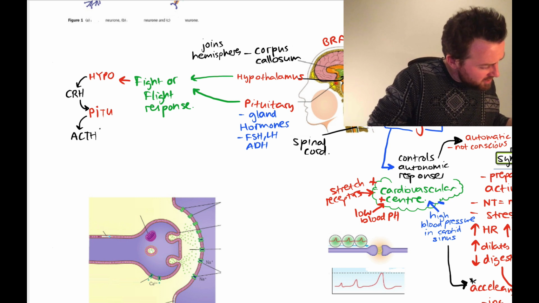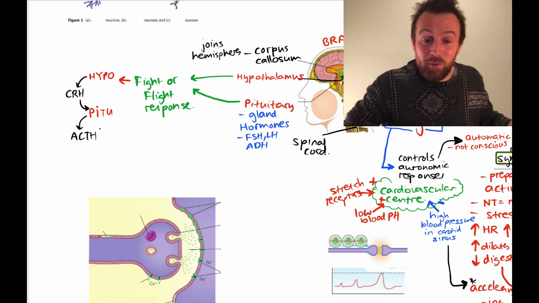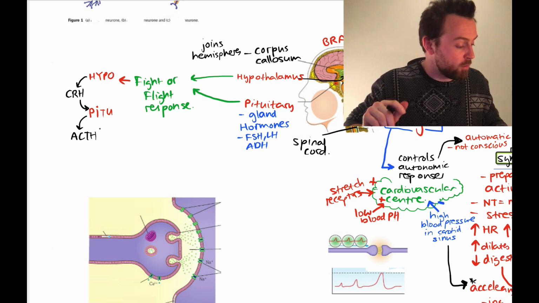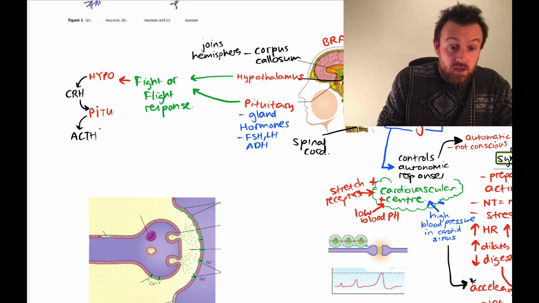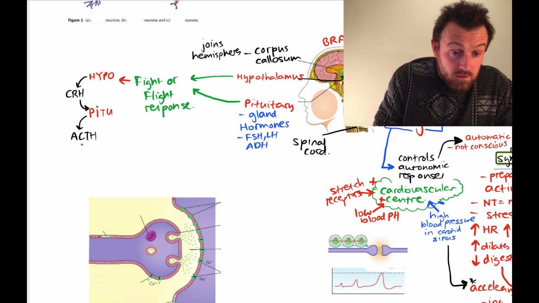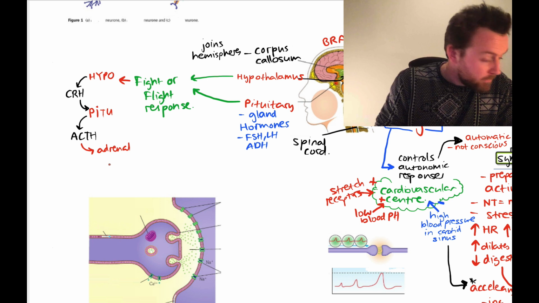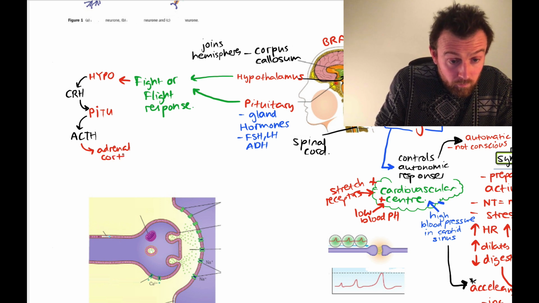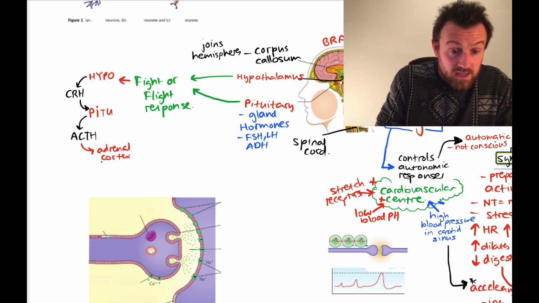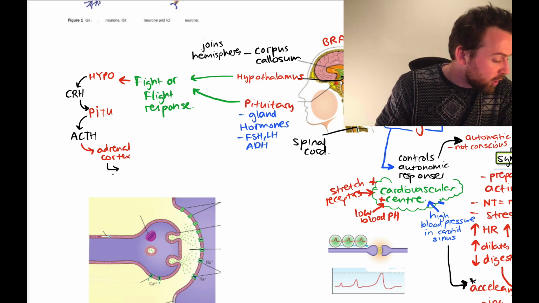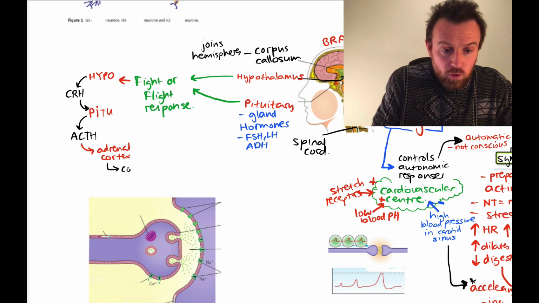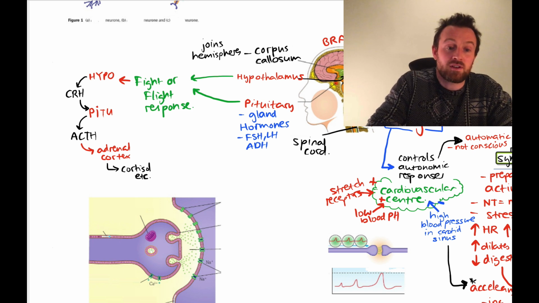Adrenocorticotropic hormone, which then actually goes through the blood and then goes to the adrenal cortex. And it causes them to release things like glucocorticoids, cortisol, corticosteroid hormones, so cortisol, etc. Okay, that's part of the fight or flight response.